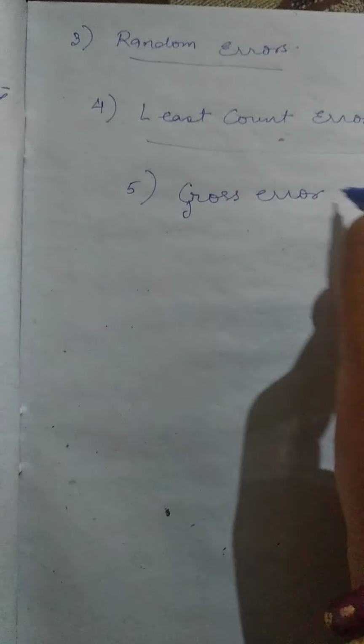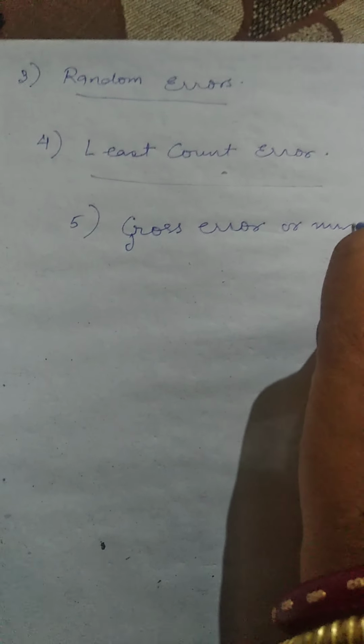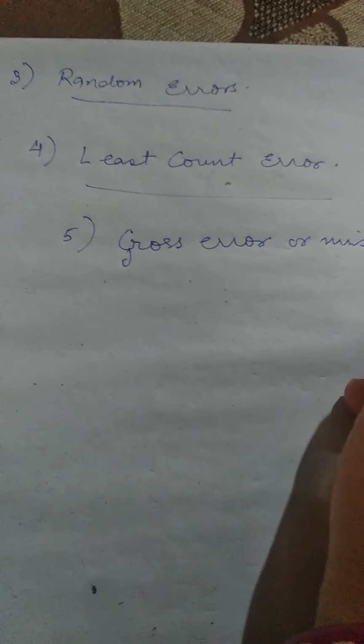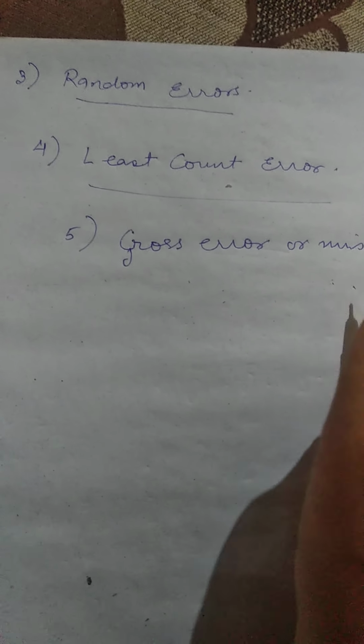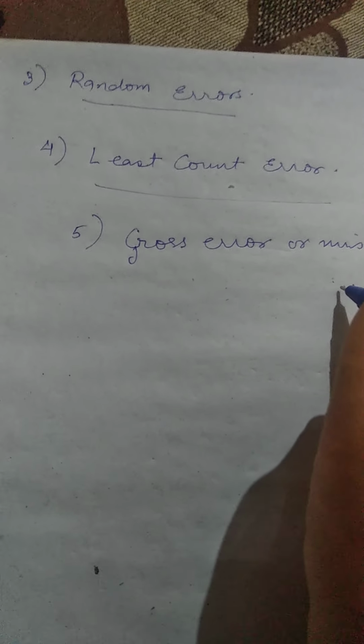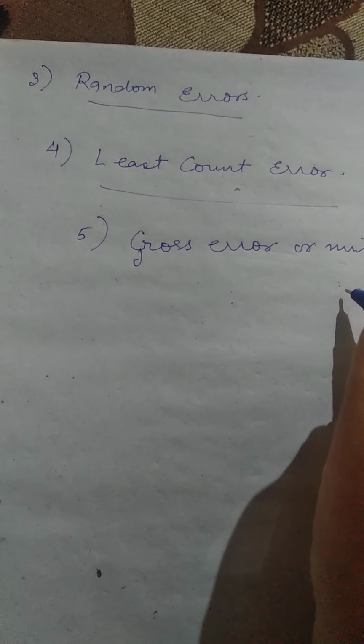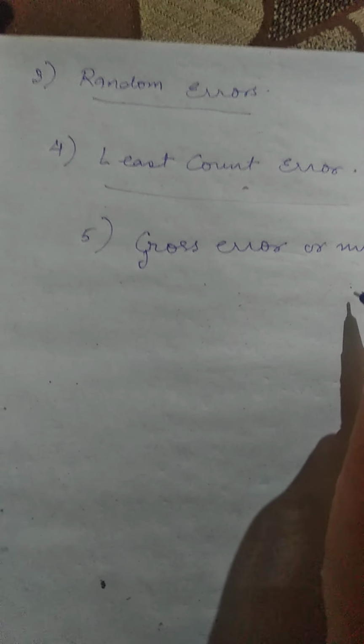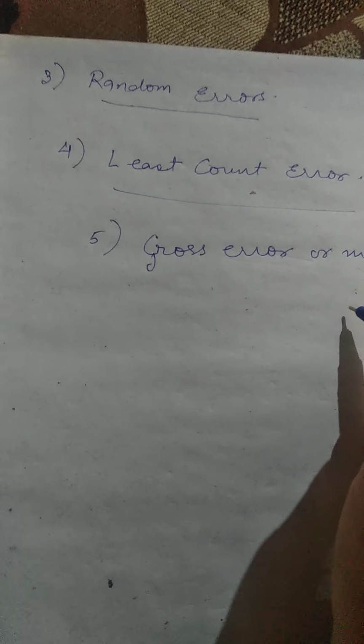And number fifth one is the gross error or mistake. What may be the cause of this gross error or mistake? These errors are due to either carelessness of the person or improper adjustment of the apparatus. No corrections can be applied for gross error.